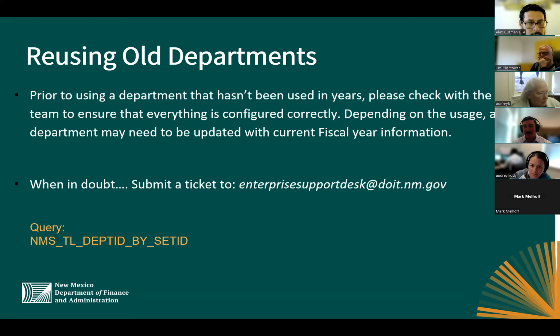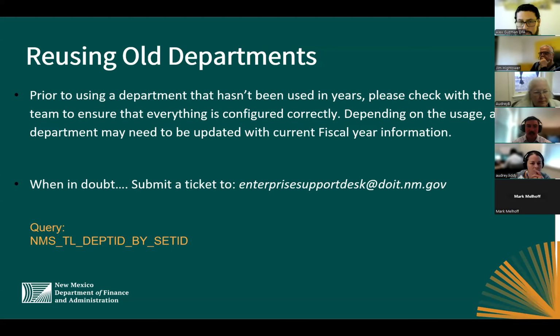But if you have a department that's gathering dust and you haven't been using it, and your agency has decided that you're gonna start using that department, process payroll, just give us a quick help desk ticket or send us an email, so we'll take a look at it. Sometimes they need to be updated with current fiscal year information, so it's not very frequent, but from time to time we bump into that.